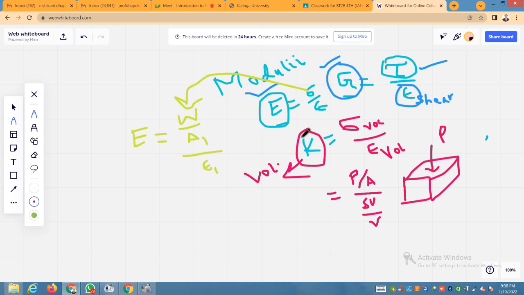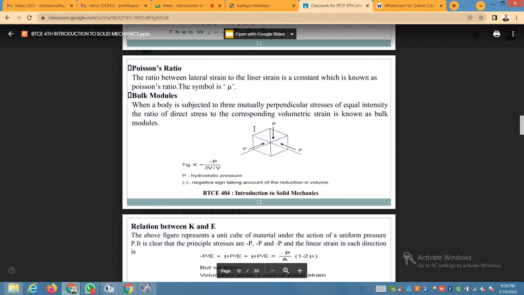So for this bulk modulus of elasticity, for unit area A equal to 1, it will be P divided by delta V by V. And this I have explained here.